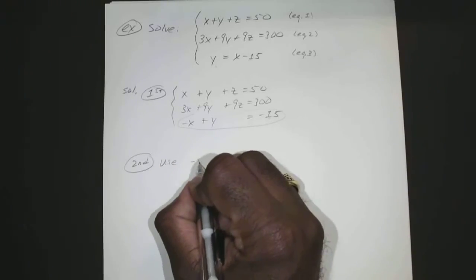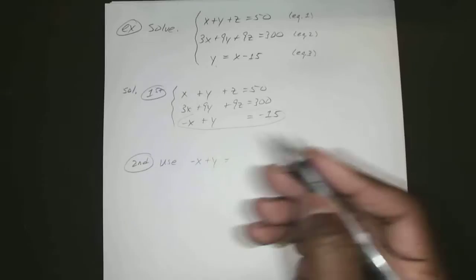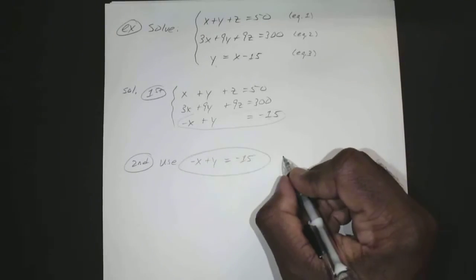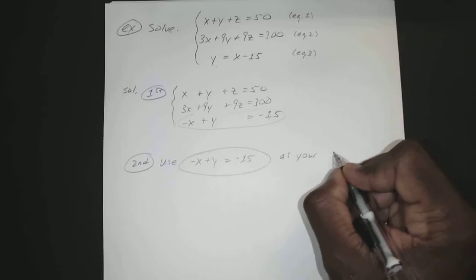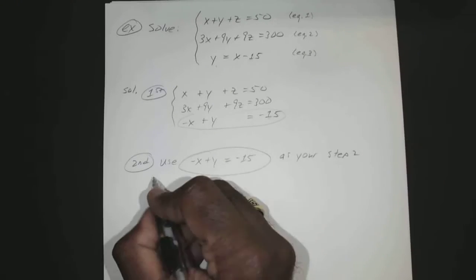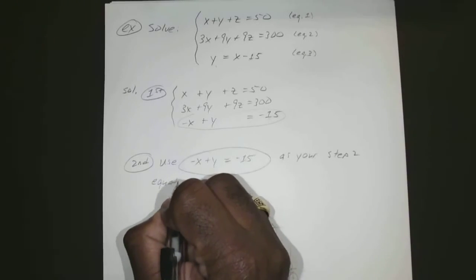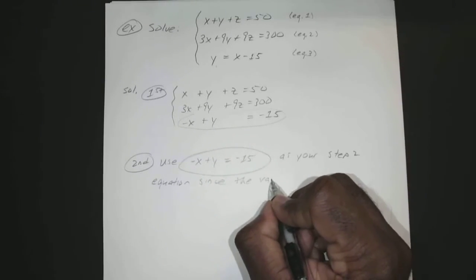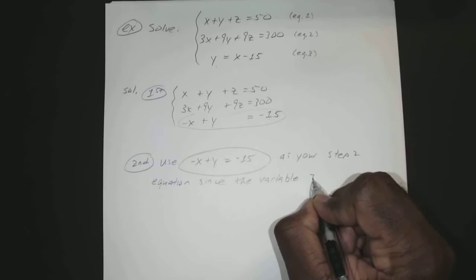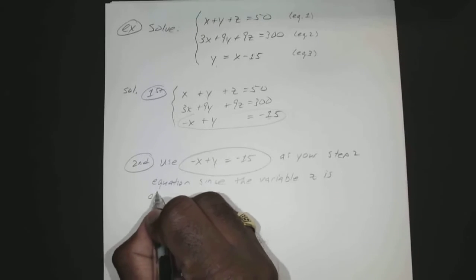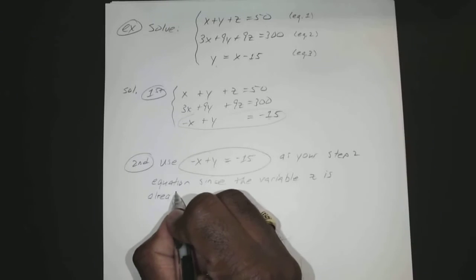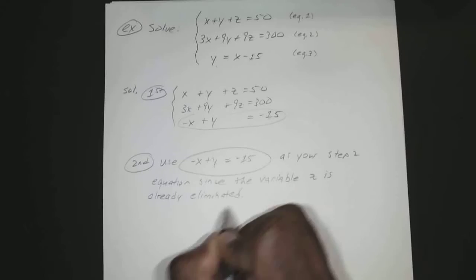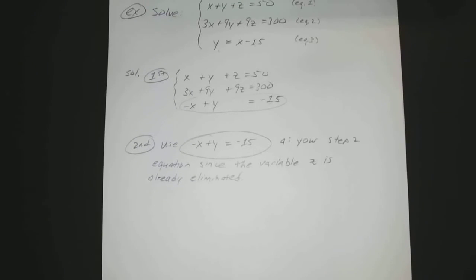So use negative x plus y equals negative 15, or like I say, you could switch it over, as your step 2 equation, since the variable z is already eliminated. So you just saved yourself a little bit of work.